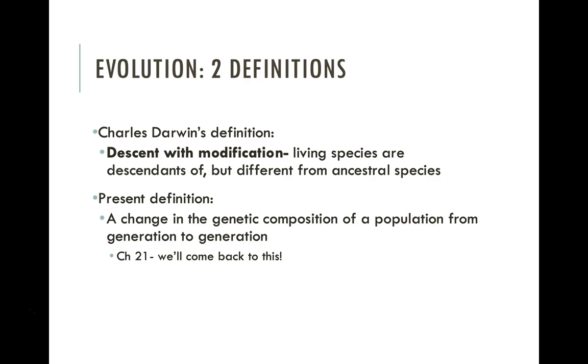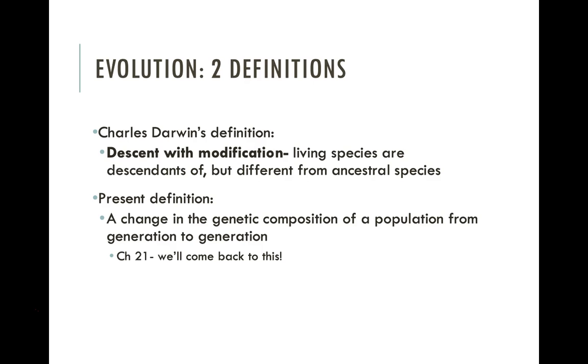So there are two major definitions for evolution. The first is Charles Darwin's definition. Charles Darwin is sort of considered the grandfather of evolution and biology. The reason is that before Charles Darwin, people just sort of thought that things were as they were since they were created and hadn't really changed over time.